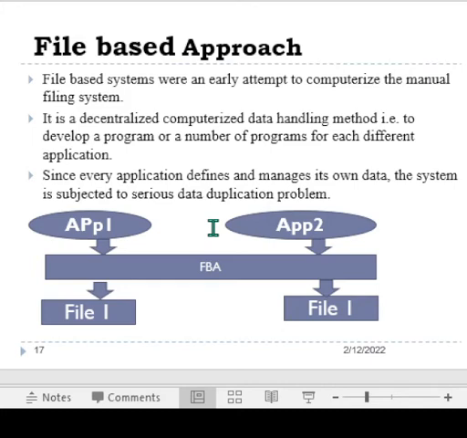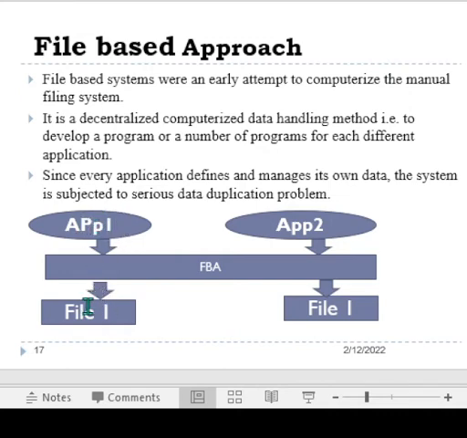The other problem in the file-based approach is that a file only contains data. In the file-based approach, we can store only files containing the data, but the metadata is stored in each application.